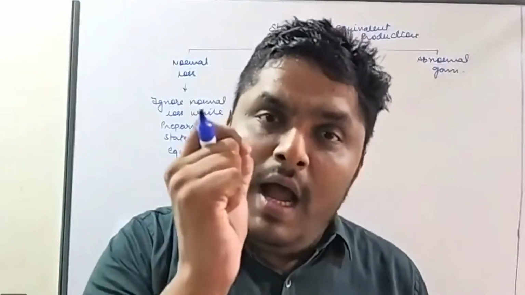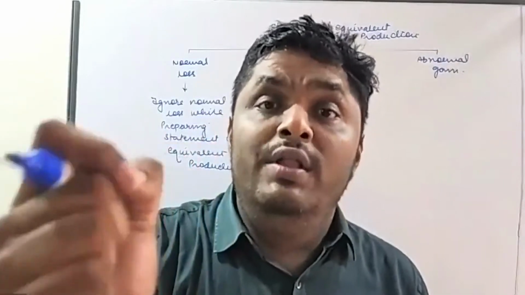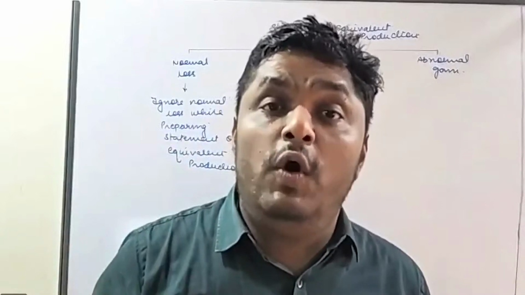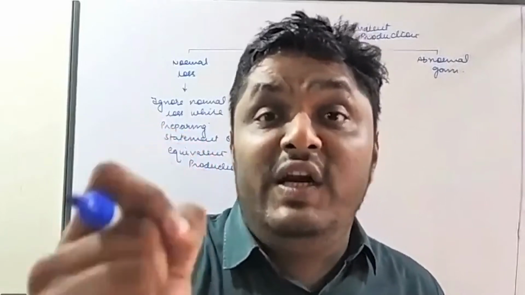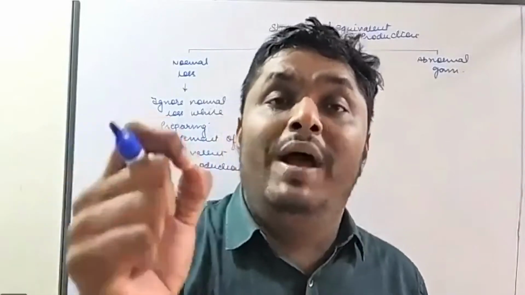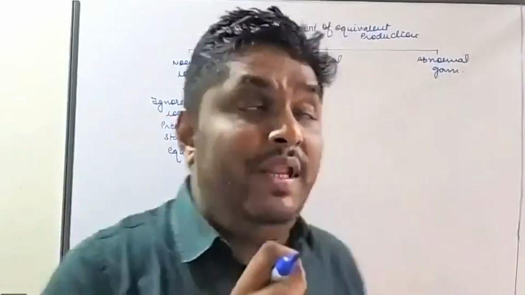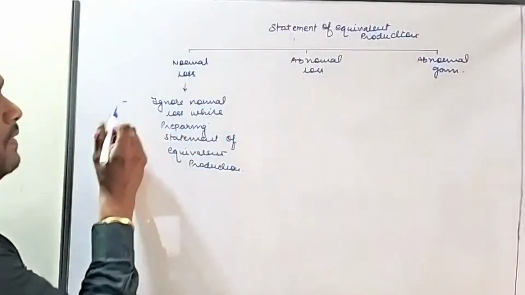Further, the amount of scrap value that is realized on sale of normal loss will be deducted from the material cost while calculating the cost per unit. Very important, guys.